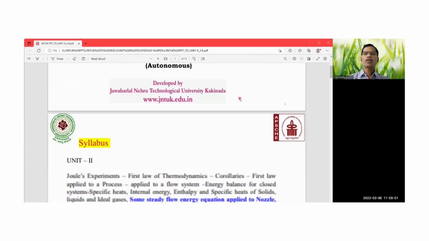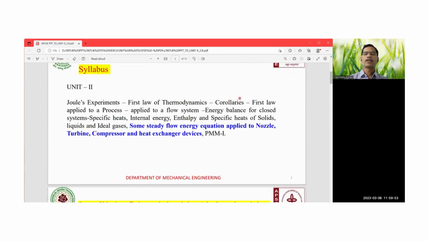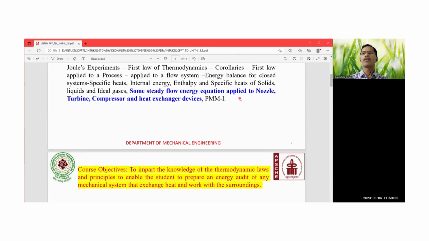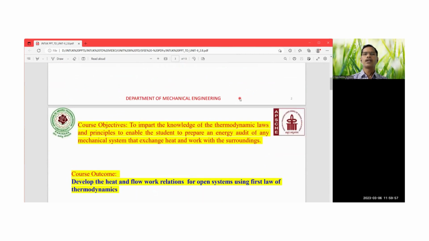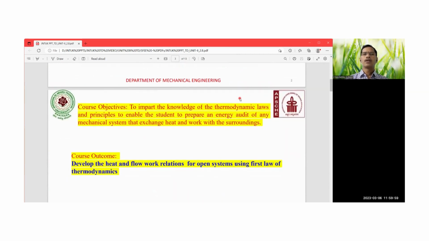The outcome from this class, after listening to the steady flow energy equation: the student should be able to develop the heat and flow work relations for an open system using the first law of thermodynamics.